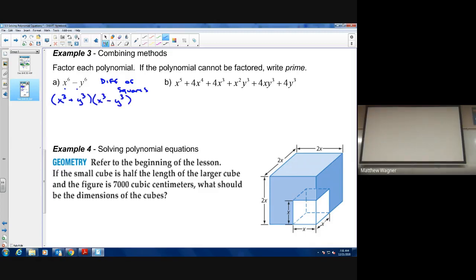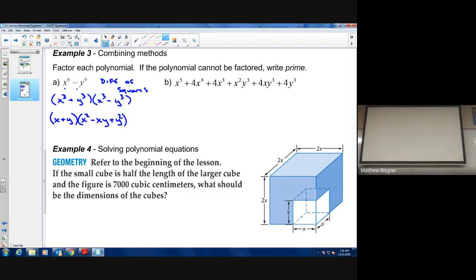Remember that pattern before, a plus b and a minus b. And then at this stage, hopefully you're like, whoa, we just talked about these cube patterns. I can factor those yet again. If you remember the pattern from the front, it's a plus b, we have a squared minus ab plus b squared.